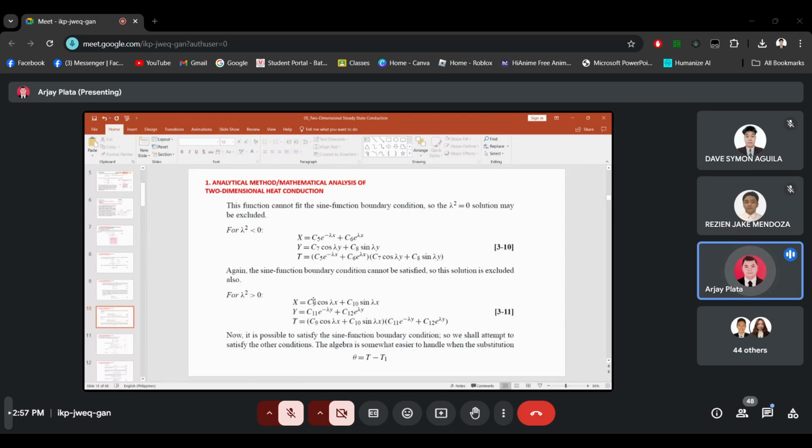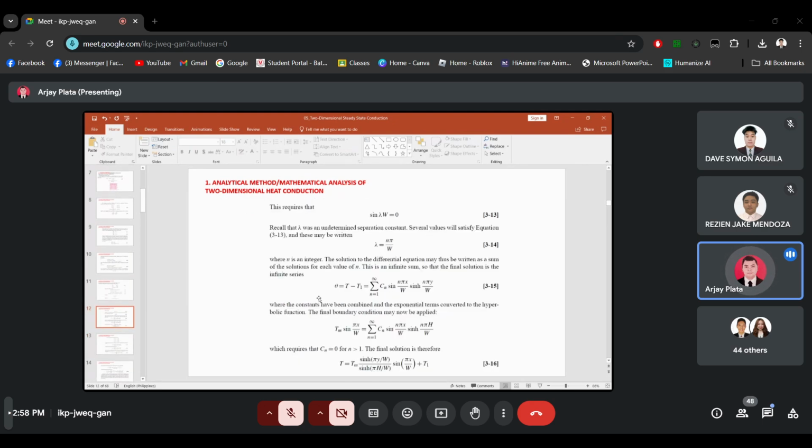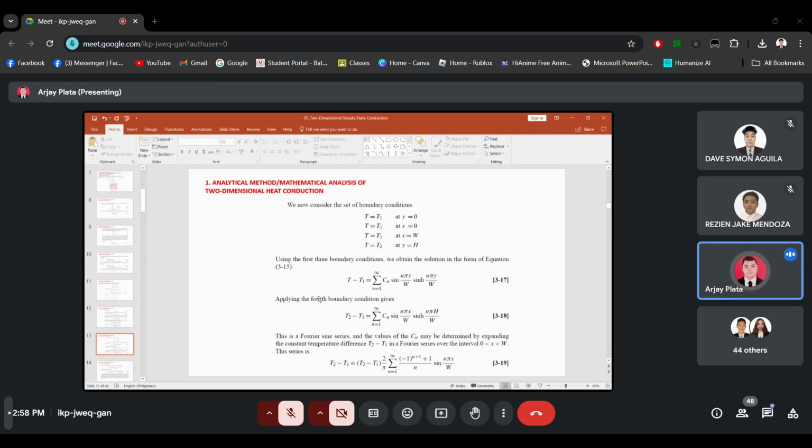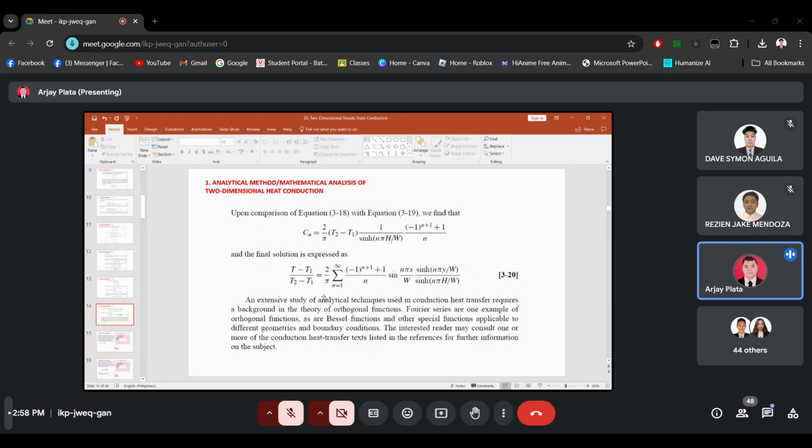So we shall attempt to satisfy other conditions. Okay. So it's a little bit complex process, but later we will use another method wherein we can simplify this analytical method. That is by the use of a shape factor.